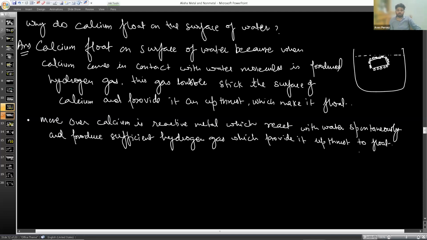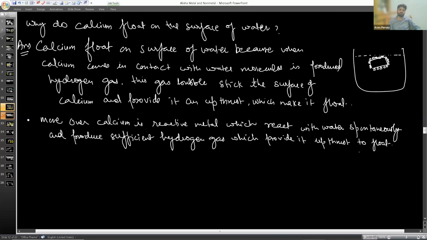Okay, its reaction is at a controlled level. The reaction of calcium with water is not so exothermic. Let me show you here.